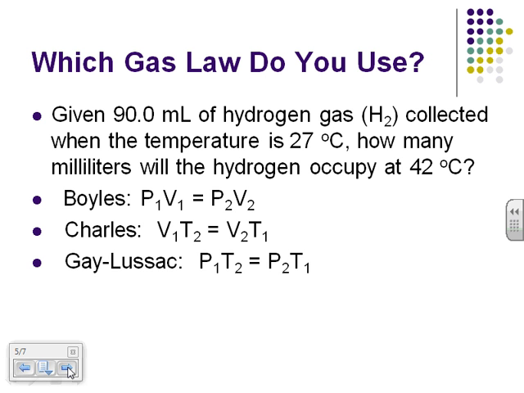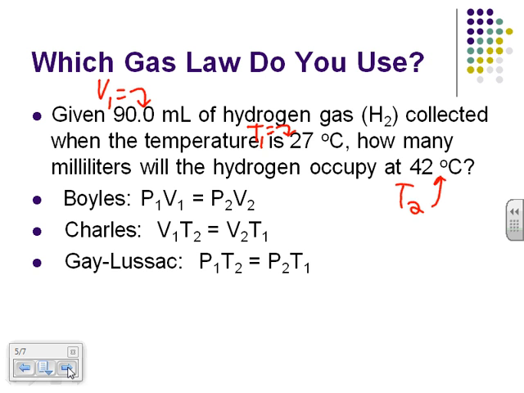It says the first few words, given 90.0 milliliters, that's going to be our volume. It's collected at a temperature, T1 equals. We also have a T2 here at a second temperature.